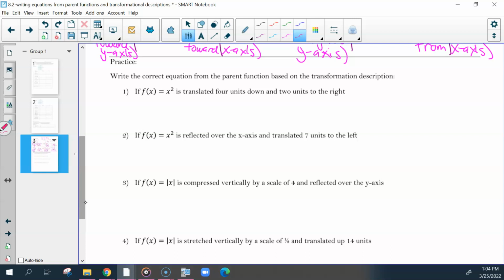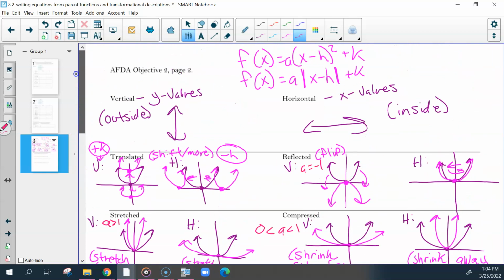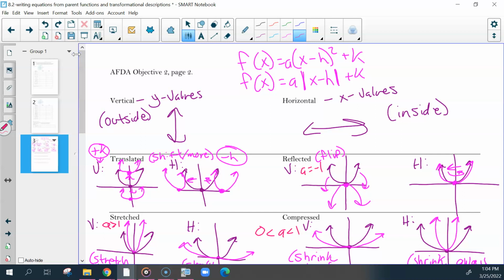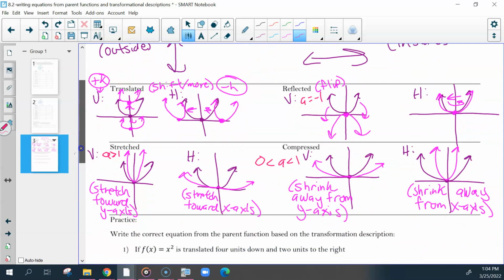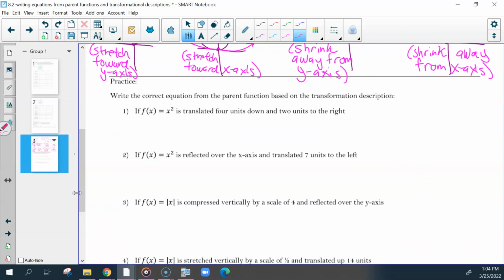Your vertical, outside. Also vertical, left and right. Vertical, outside. If it's moving down, is down vertical or horizontal?